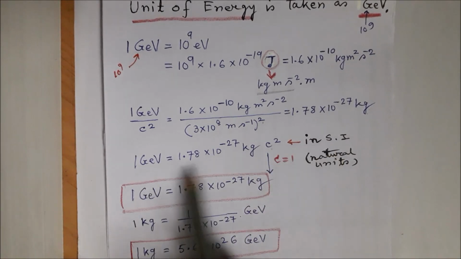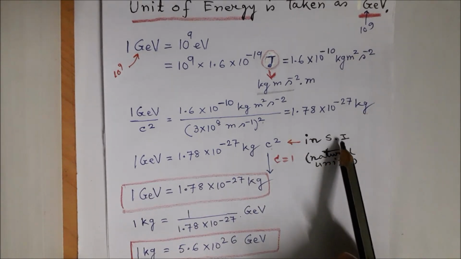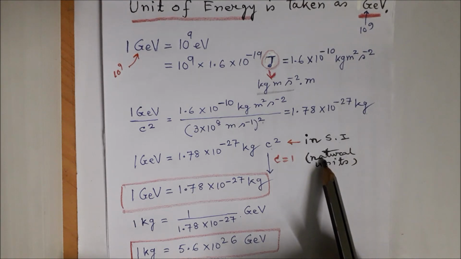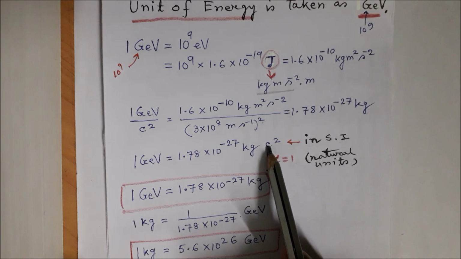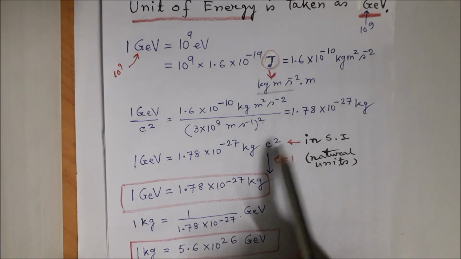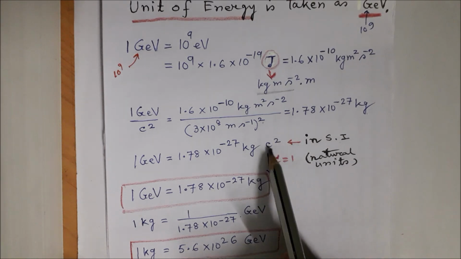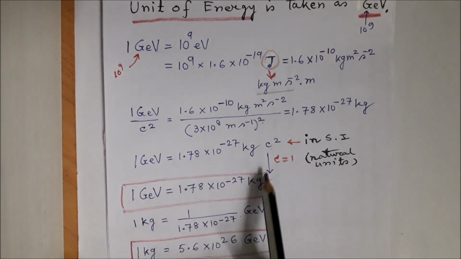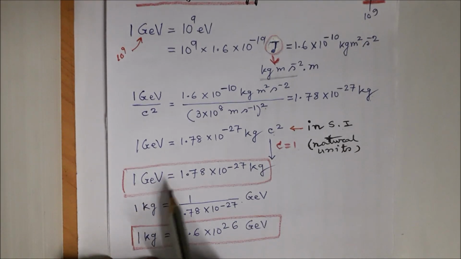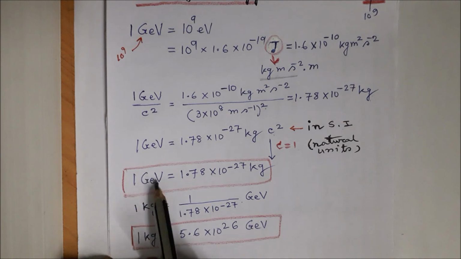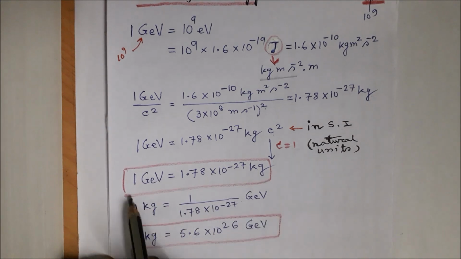Now this much was done in the SI system, and now in natural units c is 1, so we can switch it off. So c square is also 1, and therefore we end up with this relation. So the answer to 1 GeV is how much kg is obtained here.